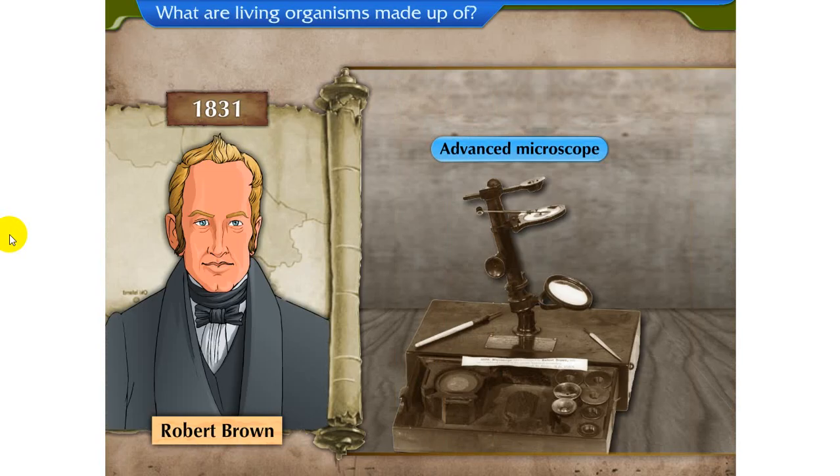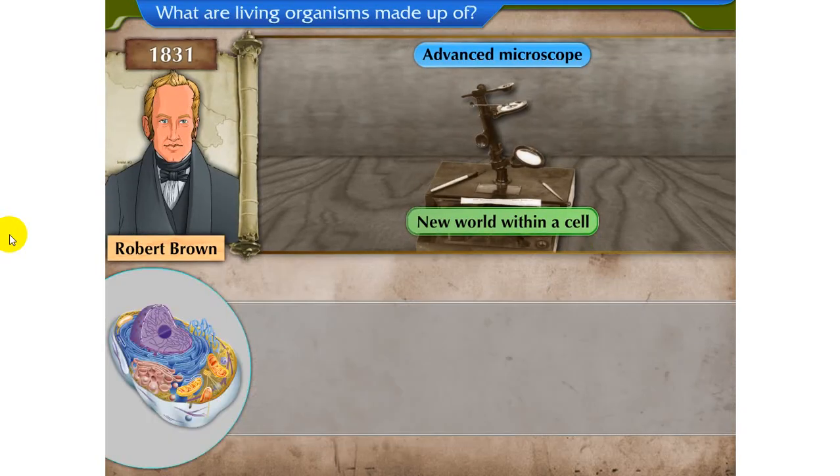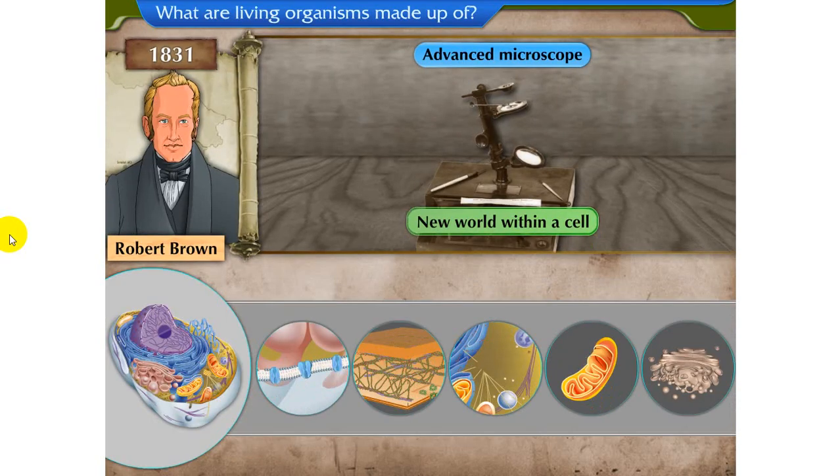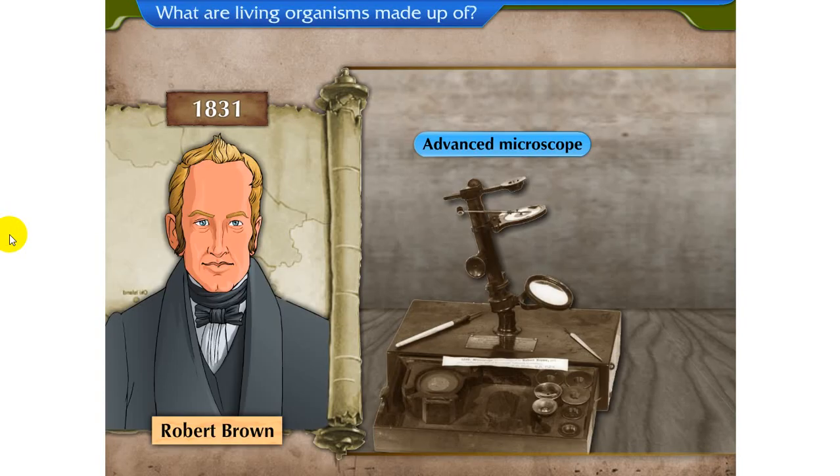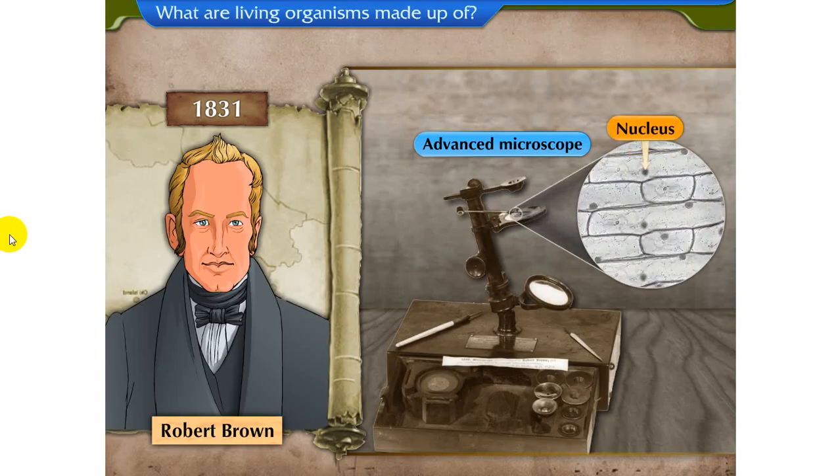He observed that there is a new world within a cell. He said that the cell was like a small factory with around 12 to 13 cell organelles within, each organelle carrying out a particular task. He discovered the presence of the nucleus, a spherical body in cells.